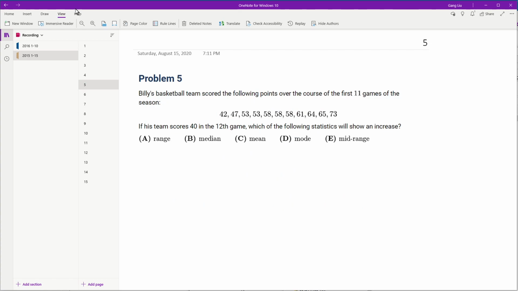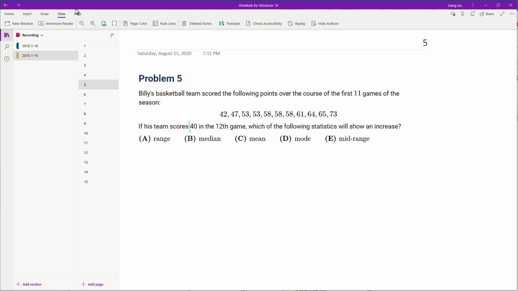Problem 5. Billy's basketball team scored the following points over the course of the first 11 games of the season. If his team scored 40 in the 12th game, which of the following statistics will show an increase?